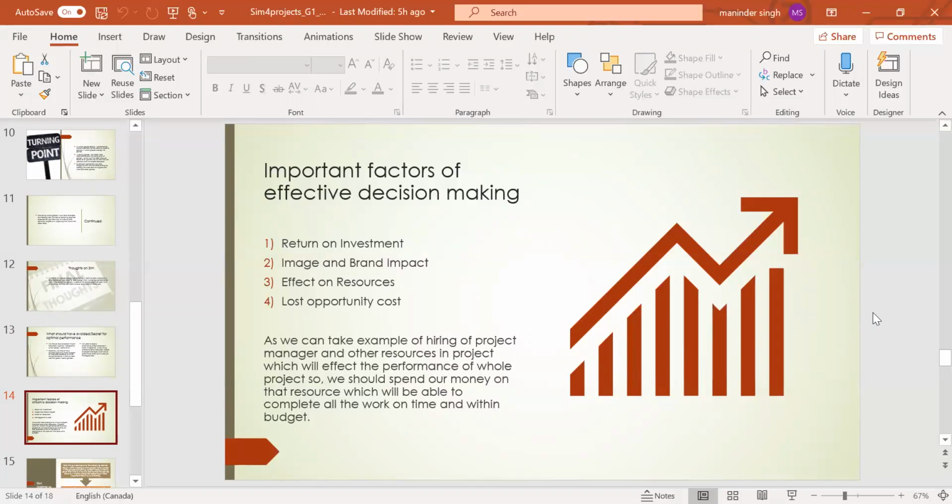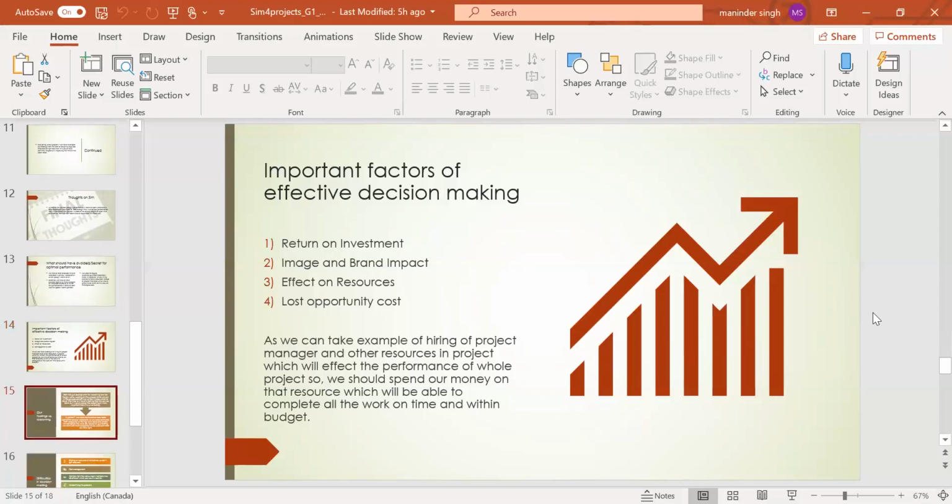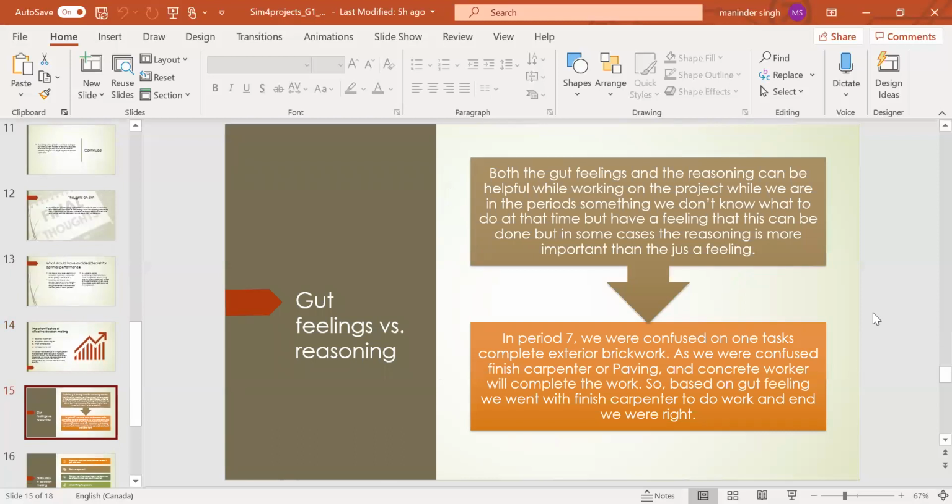During our project, we hired a project manager and other resources, which affects the performance of the whole project. So we spend our money according to the plan, so that we can get good performance after spending so much money on them. The next slide will be presented by Gagandeep Singh.